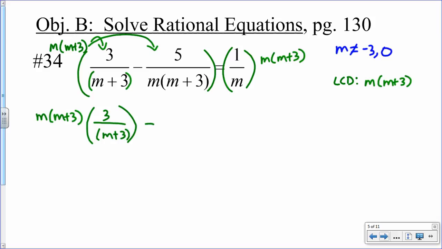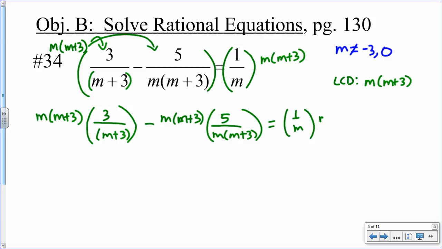Then I'm doing m plus 3 times this term, which is 5 over m plus 3. And then I have to do on the right 1 over m times m plus 3. Here's where I cancel. So the reason why I do this is so I get rid of the denominators. So every denominator should cancel.